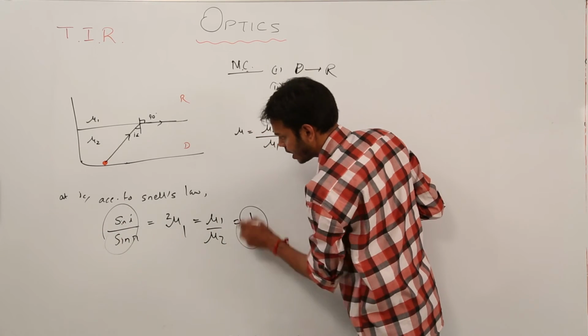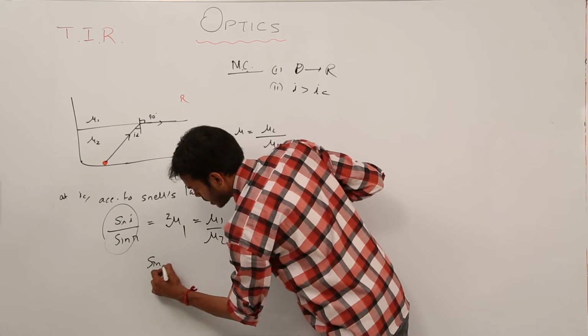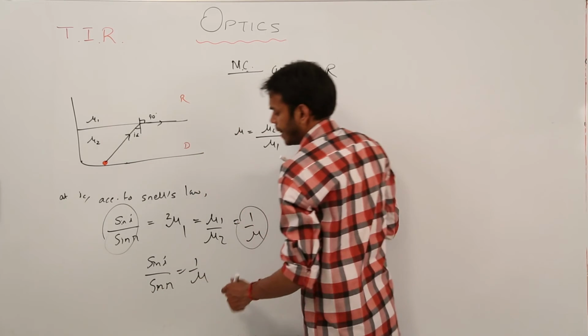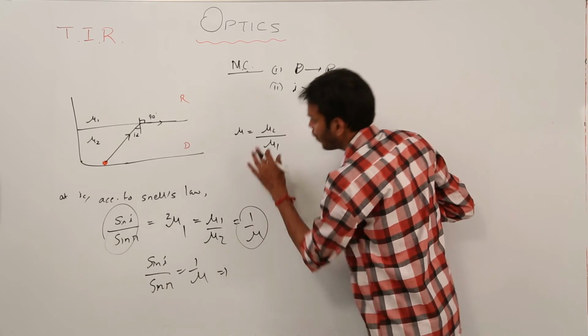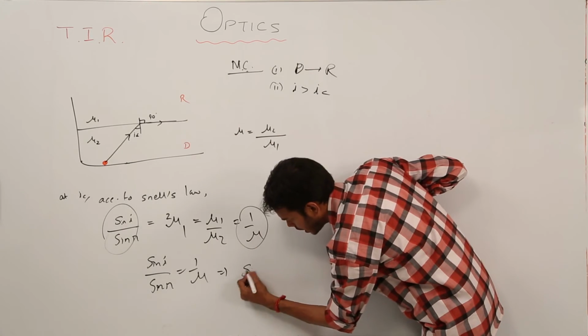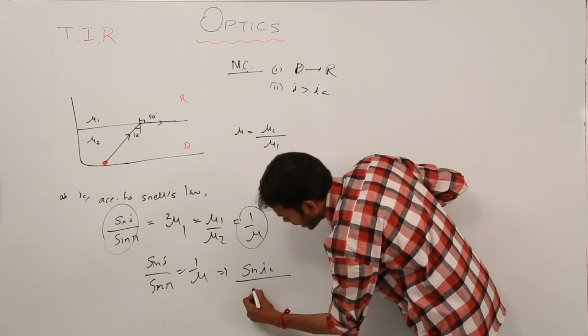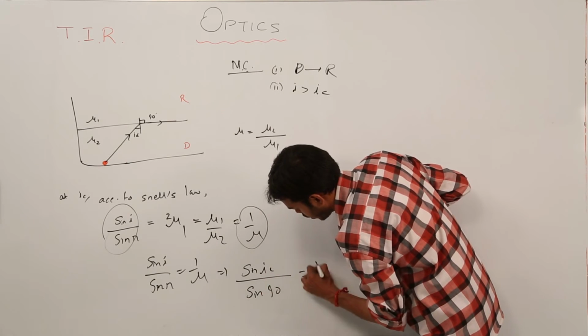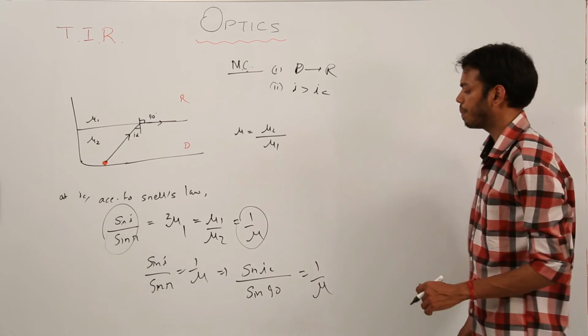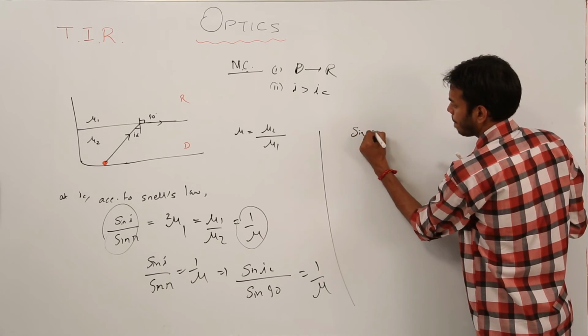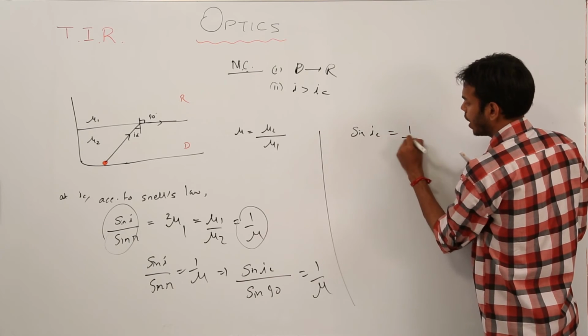Take this part: sin i upon sin r is 1 upon mu. Put i equal to the critical angle: sin ic over sin r. What is r? r is equal to 90 degrees, and sin 90 is 1. So sin ic is equal to 1 upon mu.